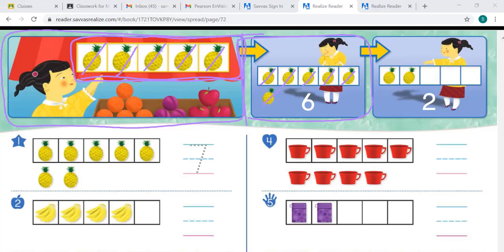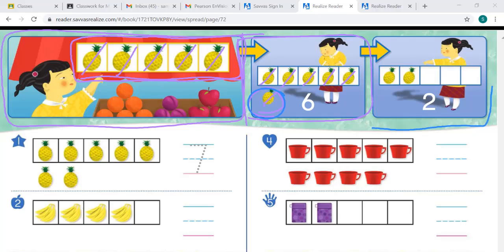It's greater than 5. How do you know it's greater than 5? Because the 5 frame is full and there is 1 extra. There is 1 extra pineapple here. And that is how we know that it is greater than 5.